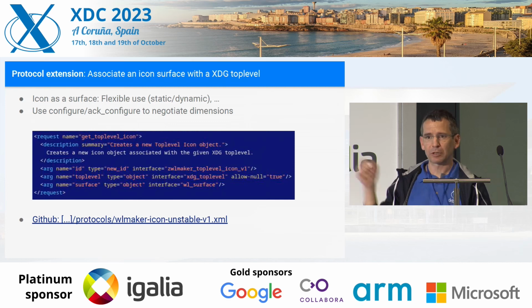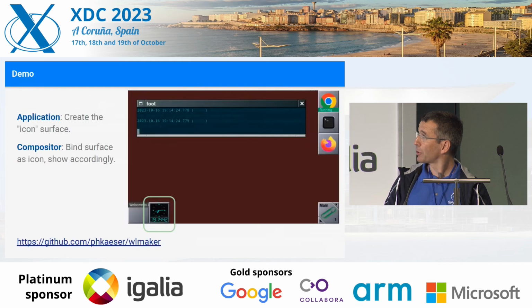There is a protocol hacked together somewhere on GitHub that you can tinker with if you want. I've also gotten it working: I have an application that shows a surface on the screen, which is amazing. The app can show some application state in there, and a compositor can bind and show it. So that's the status: I have a protocol, and I have a working prototype.